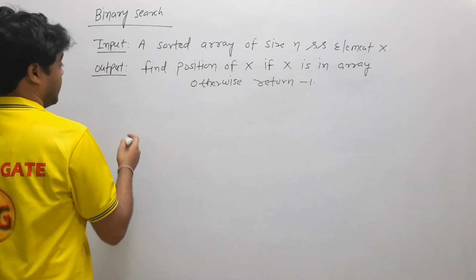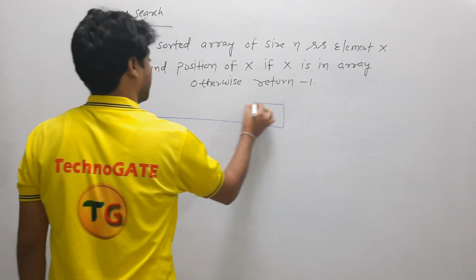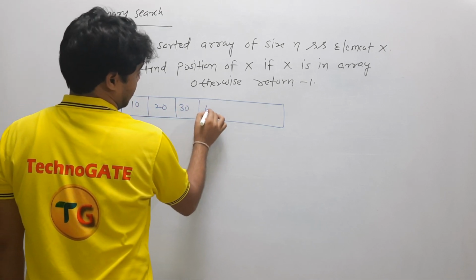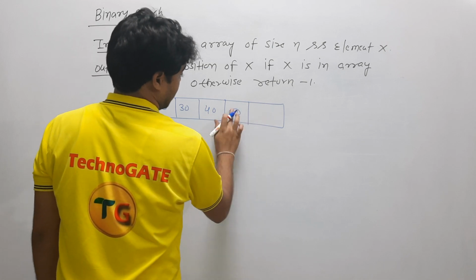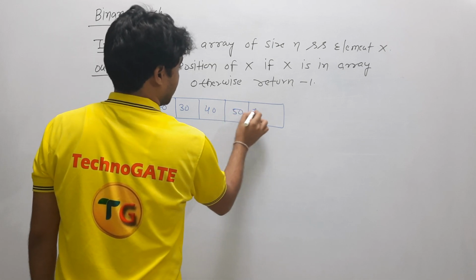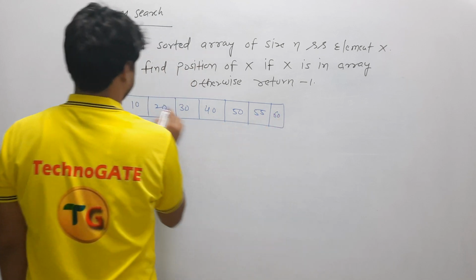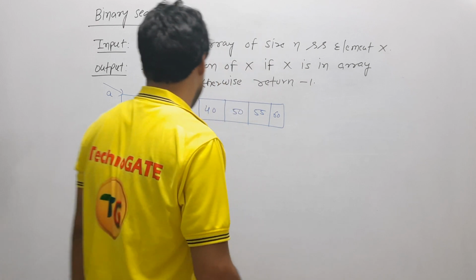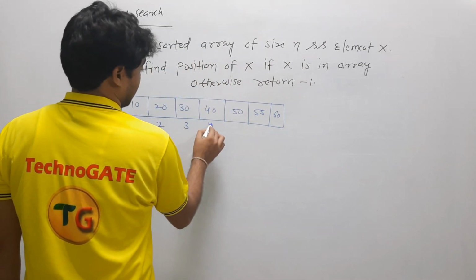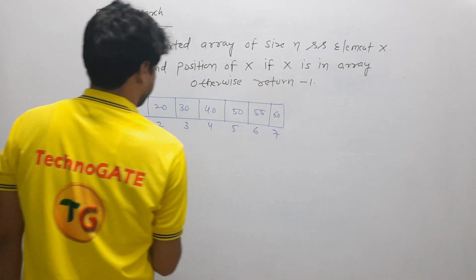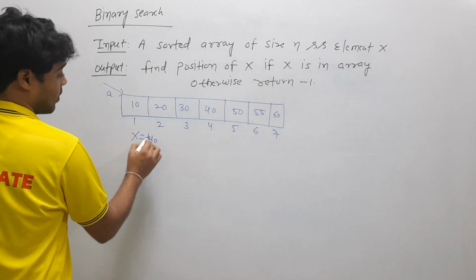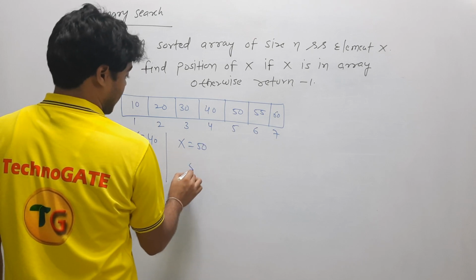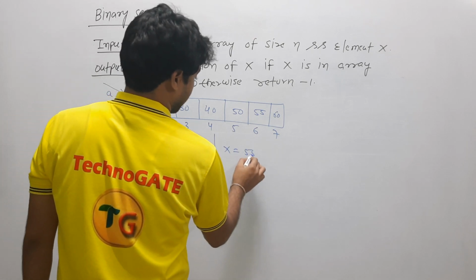So let's check this one. For x equals 40, what is the position? 4. For x equals 50, the position is 5. For x equals 55, the position is 6.